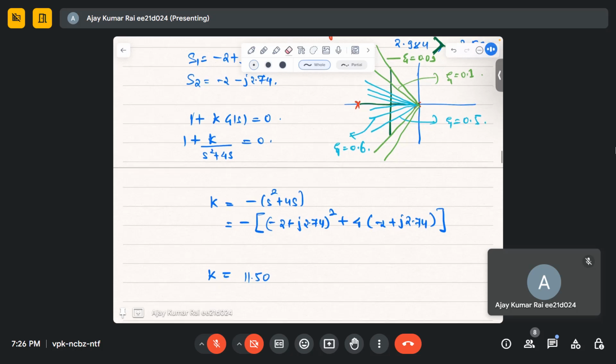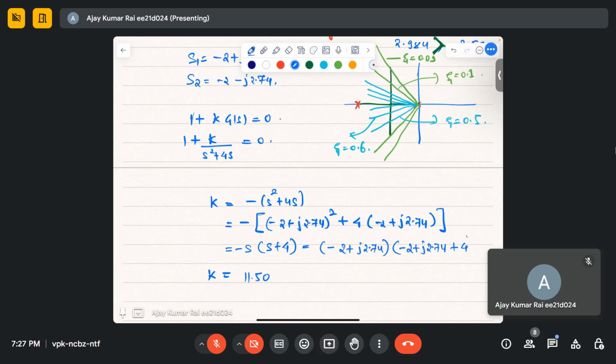Then substituting minus 2 plus j 2.74 into minus 2 plus j 2.74 plus 4, now calculate, sir.